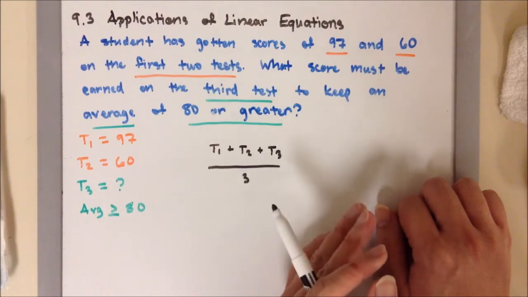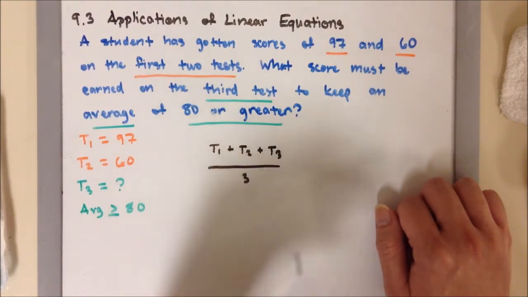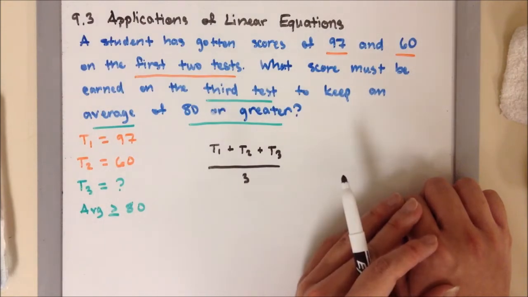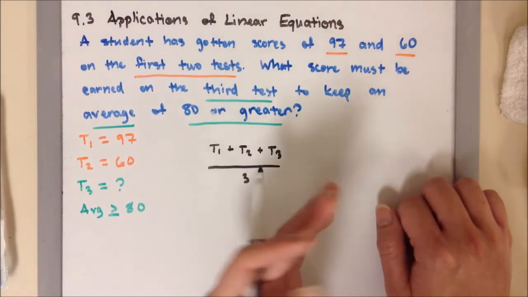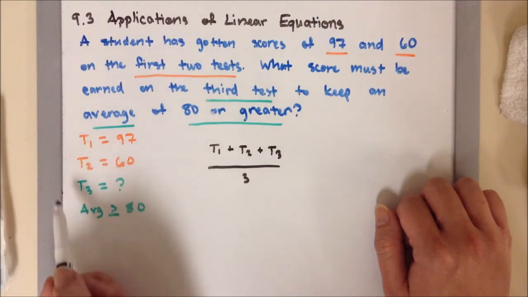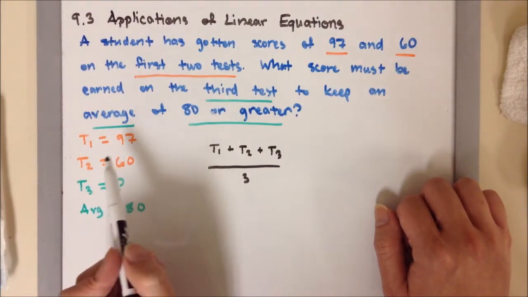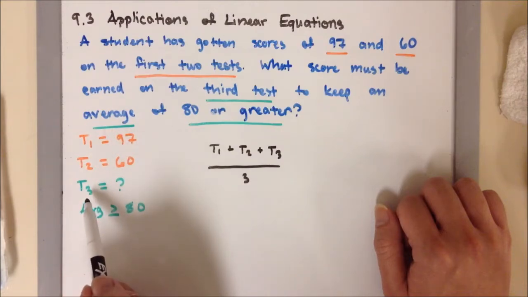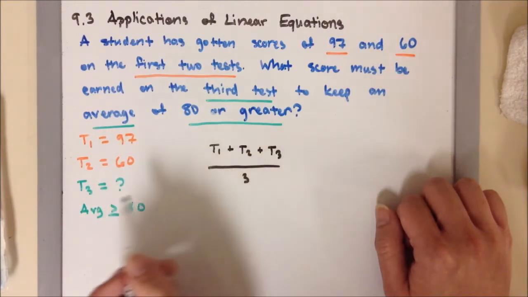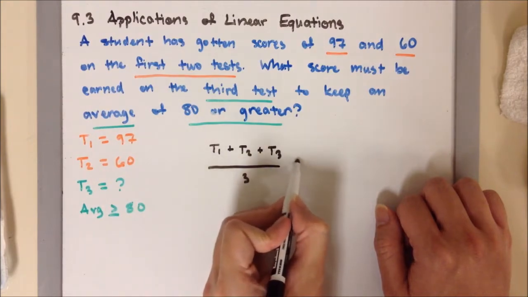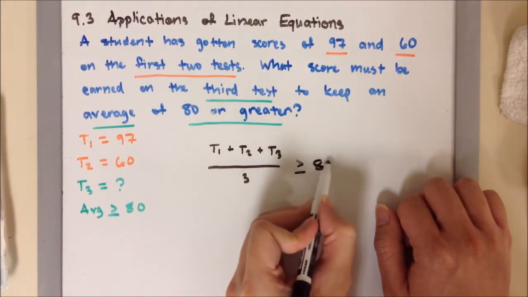If you're trying to find the average of, say, 4 given tests, you would divide by 4. If you were trying to find the average of 7 given tests, then you would divide by 7. In this word problem, we were given 3 tests with 1 unknown. So to find the average, it has to be divided by 3. But we know that the average has to be greater than or equal to 80.